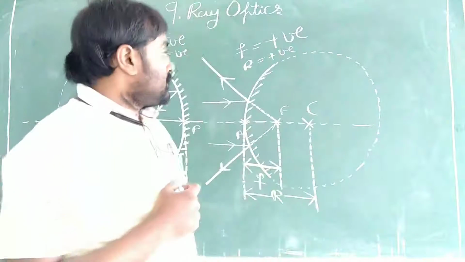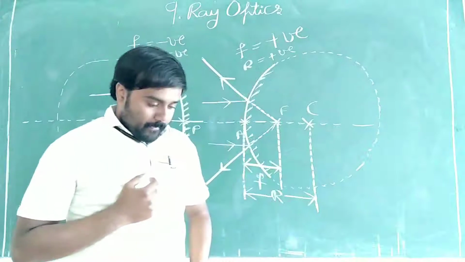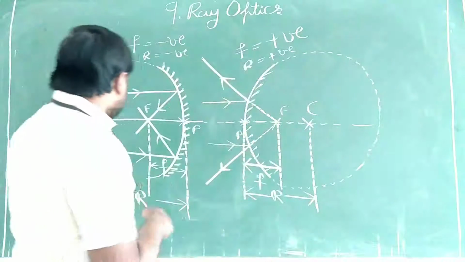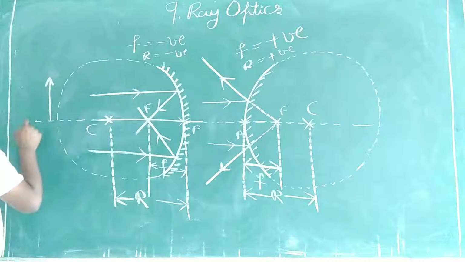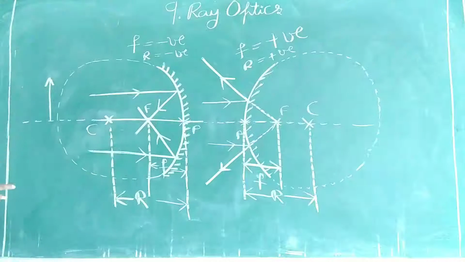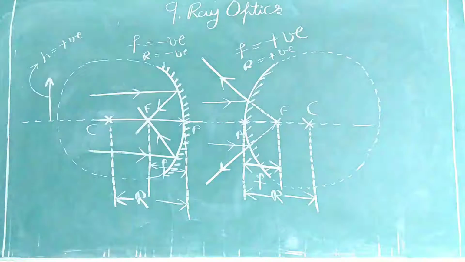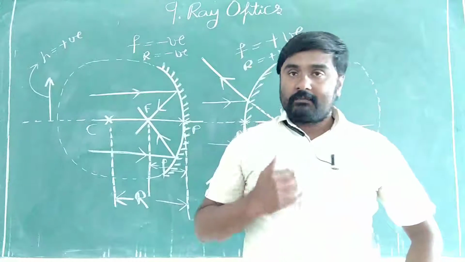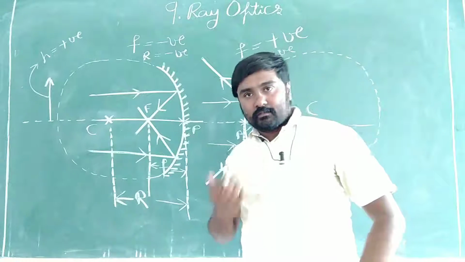Right? The next Cartesian sign convention is that heights are measured upwards and perpendicular to the principal axis; such heights are taken as positive.